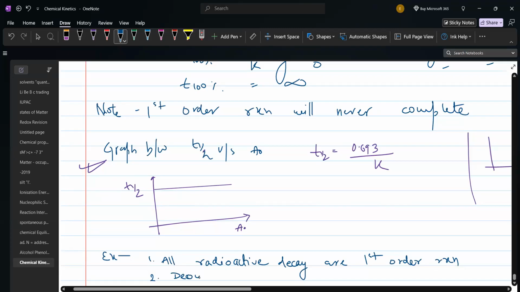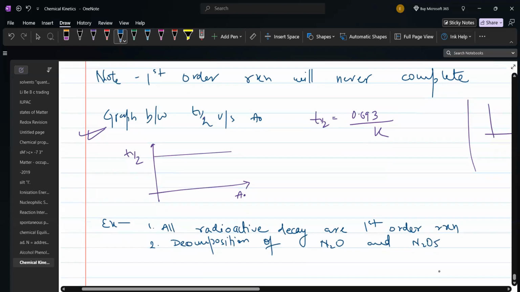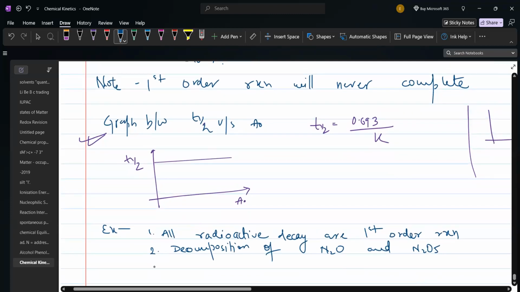The first one is the most important one. Decomposition of N2O and N2O5. Hydrogenation of ethene.